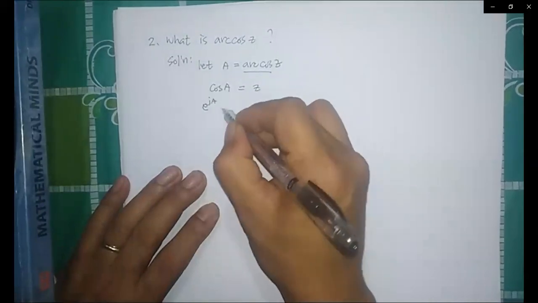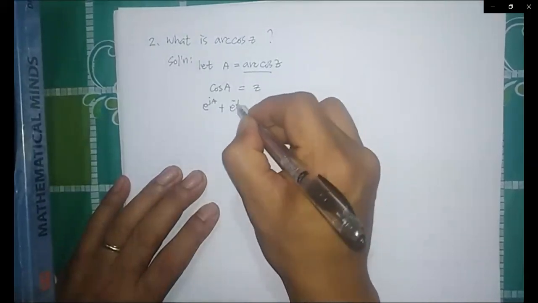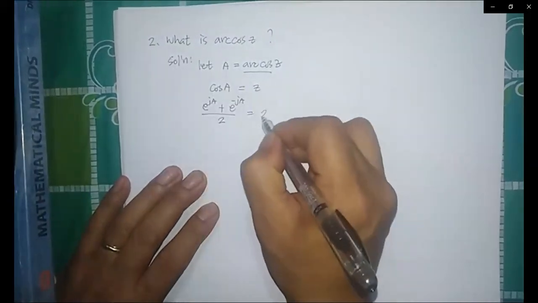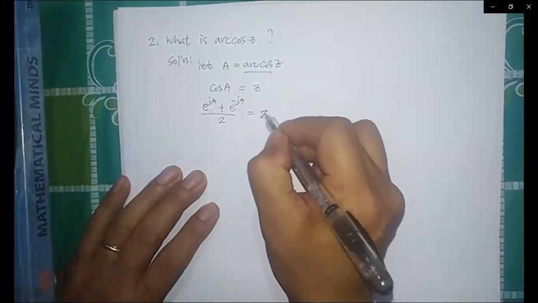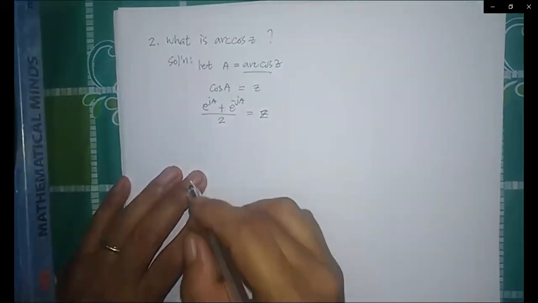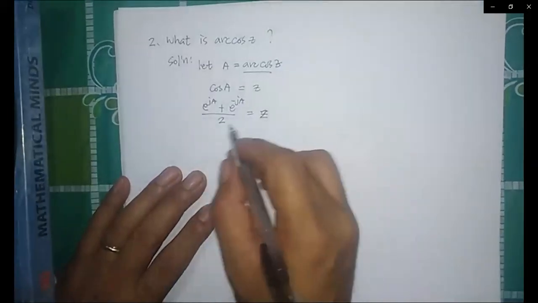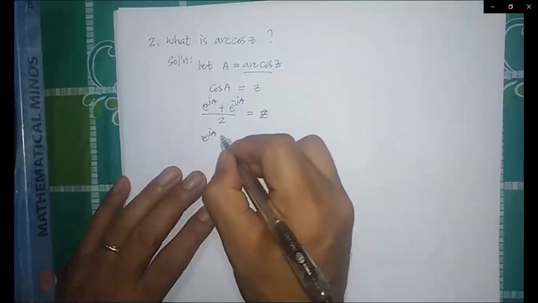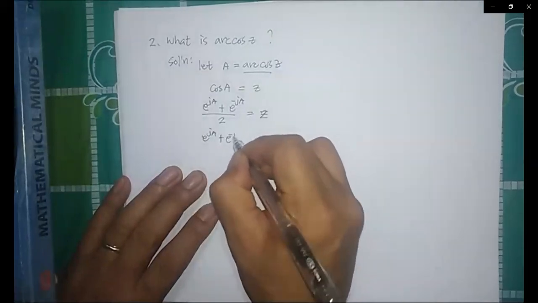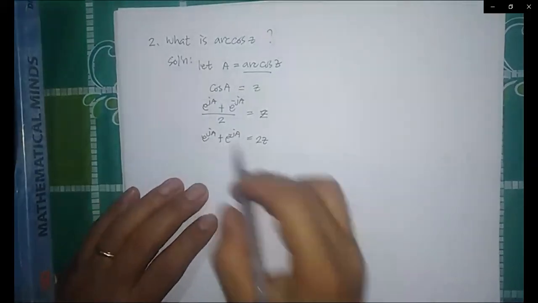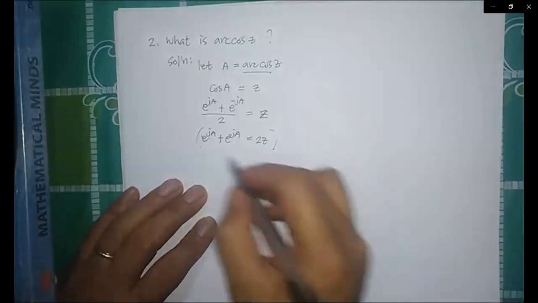So that will become cosine a equals z. And take note, cosine a is equal to e raised to ja plus e raised to minus ja all over 2, which is equal to the variable z. Now, if we linearize the equation by multiplying 2 to the other side, that will result in e raised to ja plus e raised to minus ja equals 2z.